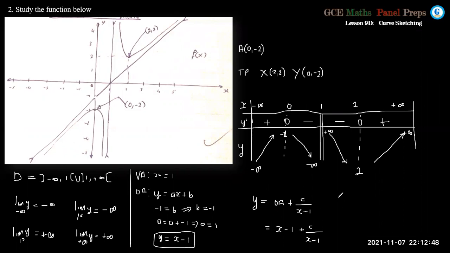So when x equals 0, what's the value of y? Y will be equal to negative 2. So what does this imply? This implies negative 2 should be equal to, with x equals 0, 0 minus 1 which is minus 1, plus c over 0 minus 1 which is minus 1.